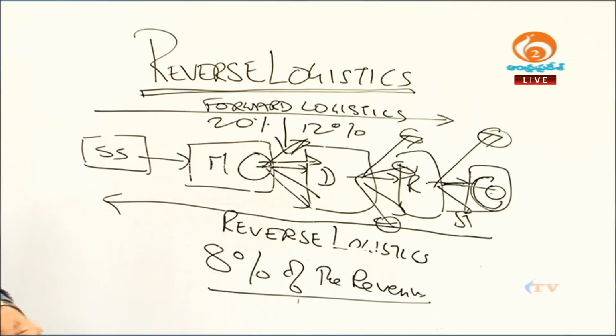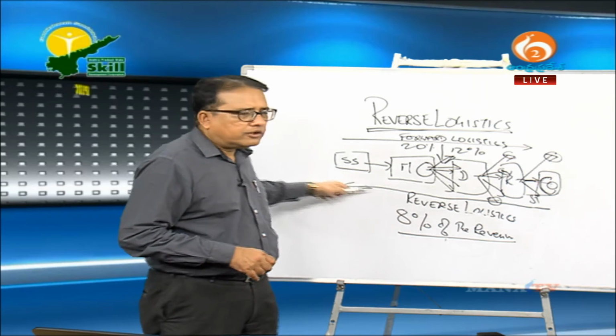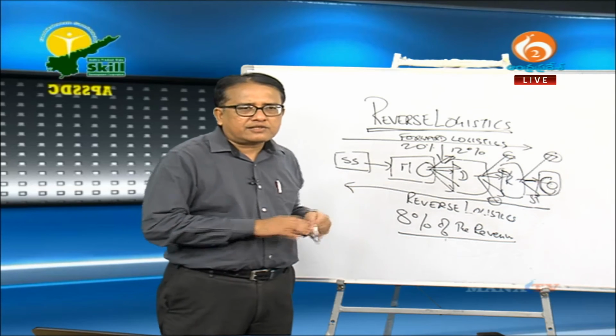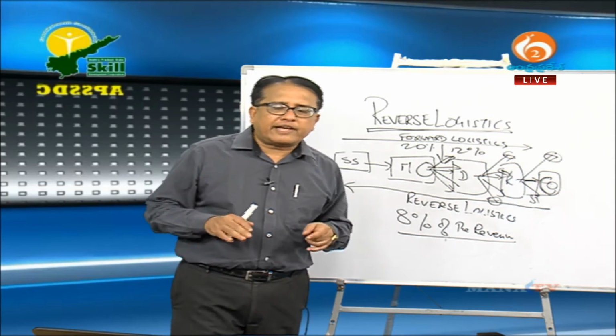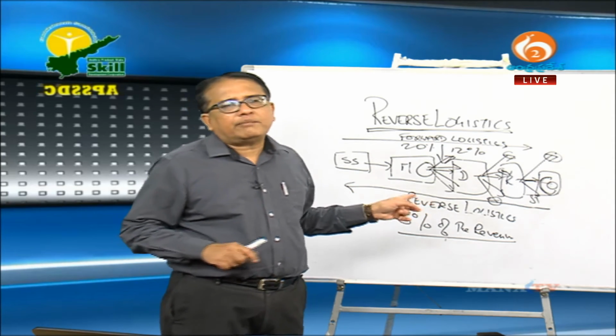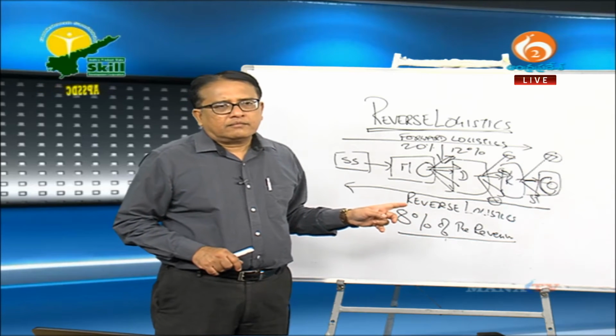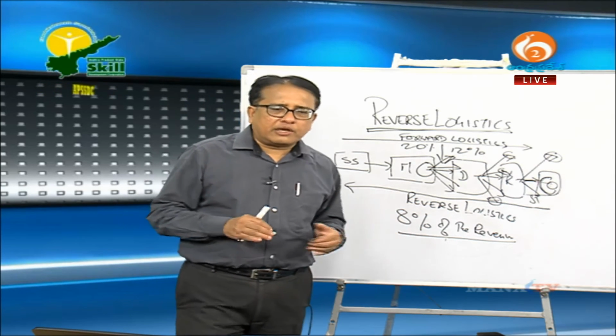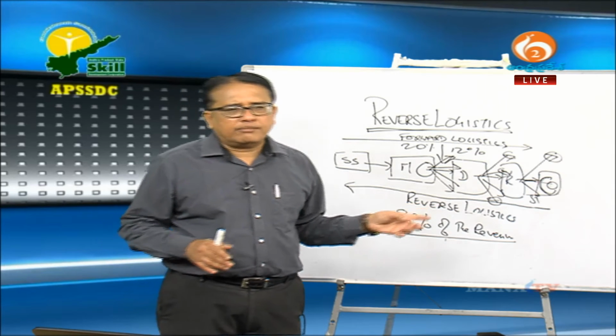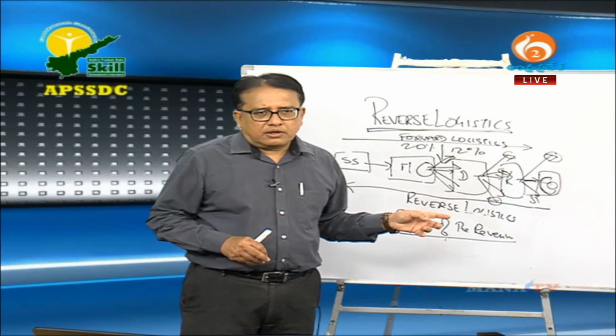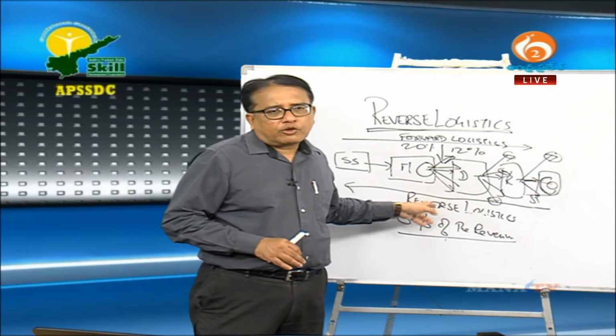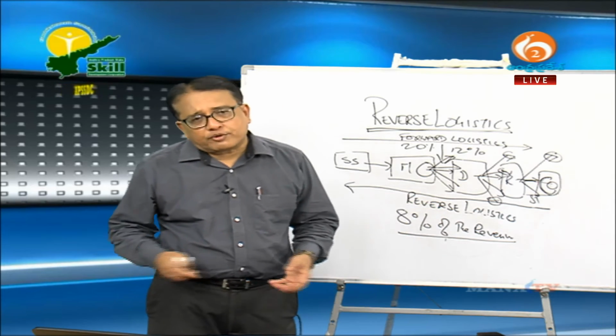But what about reverse logistics? Not sure. How long it would travel, how long it will remain in the system, whether at all it can be replaced, whether at all it can be repaired. There would be negotiations between the customer and the manufacturer in terms of what the customer would need and what the manufacturer would be able to provide.